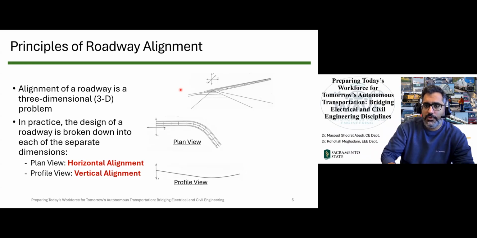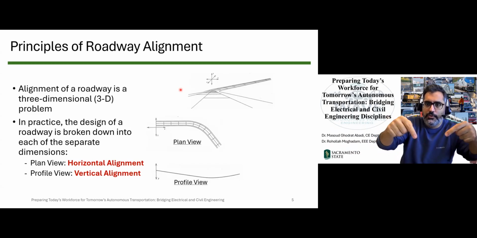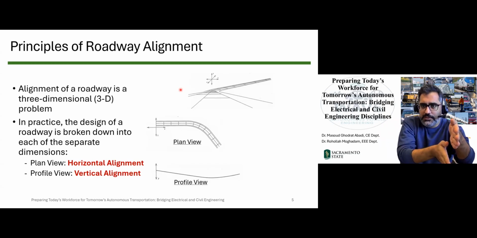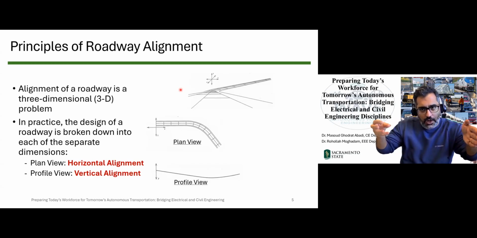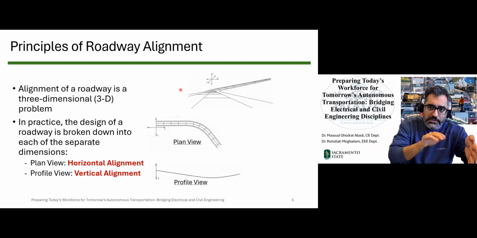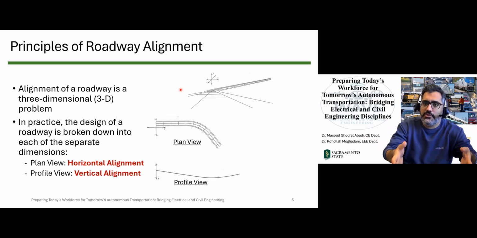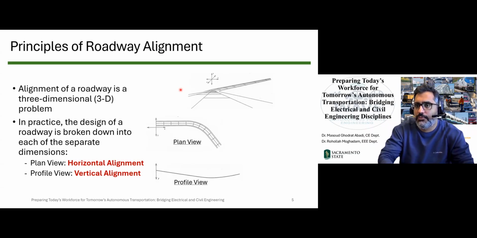This time, I will cut the roadway at the center line. Imagine I have a roadway, two lanes going different directions. I will cut the roadway at the center line, go and stay aside, and look at how this roadway is moving alongside the natural ground. That would be a profile view or vertical alignment.